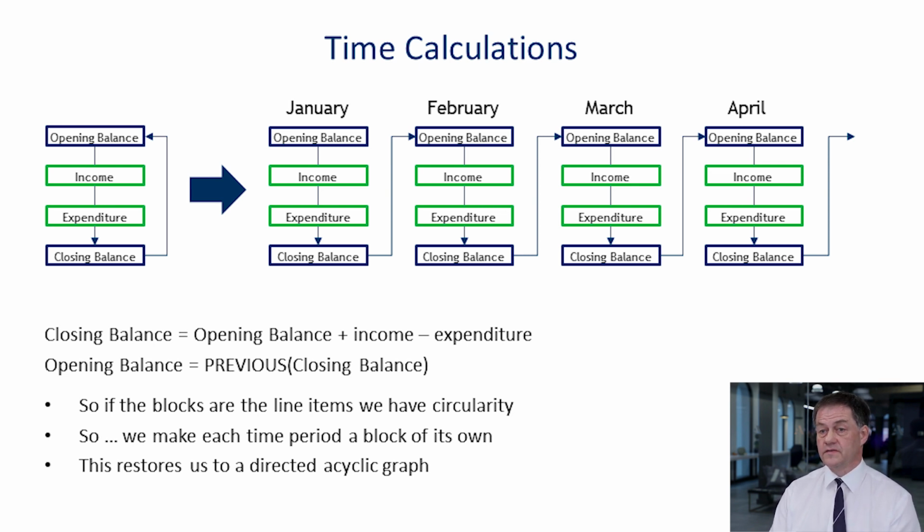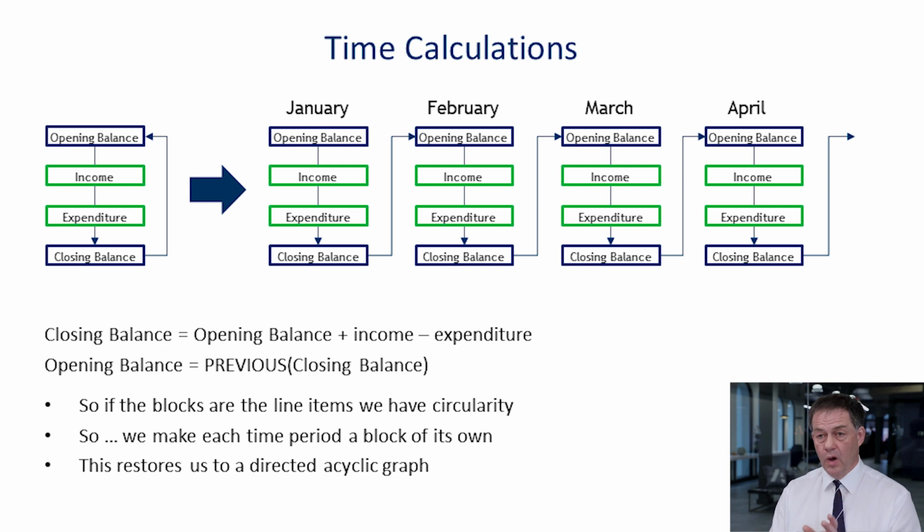And as you know, you can't have circular calculations within Anaplan. So what we do is we divide the data up into one block per time period. And that means that what was previously a circular calculation can then become a spiral calculation.